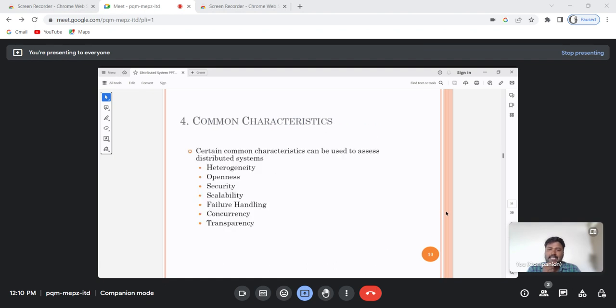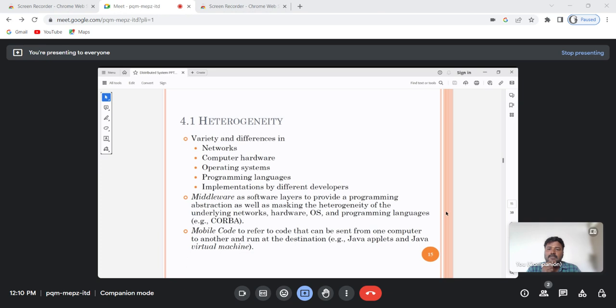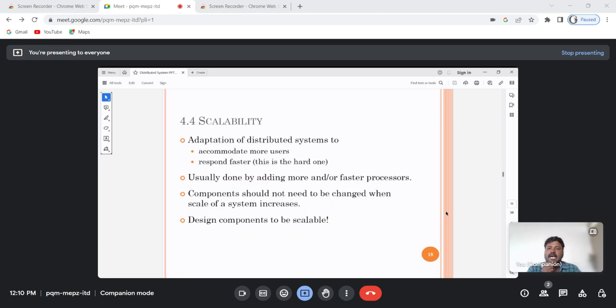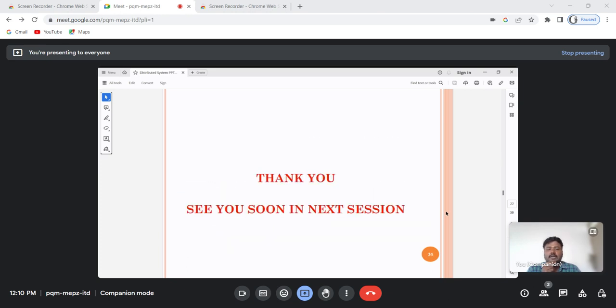We also covered the characteristics such as heterogeneity, openness, scalability, security, failure handling, concurrency, transparency. So these things we have discussed in this particular session. Just recall these basic concepts of distributed system.